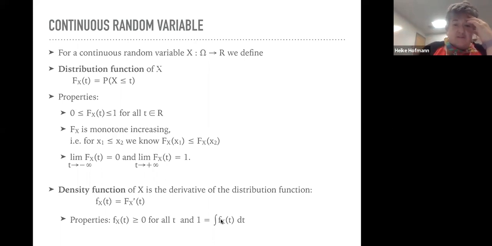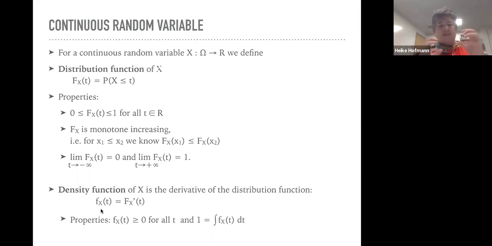So for a continuous random variable, we've got two major functions. We've got the density, and we've got the distribution. Once we found a density, we automatically get the distribution by finding the antiderivative. If we've got a distribution, we can find the density by just identifying the derivative.